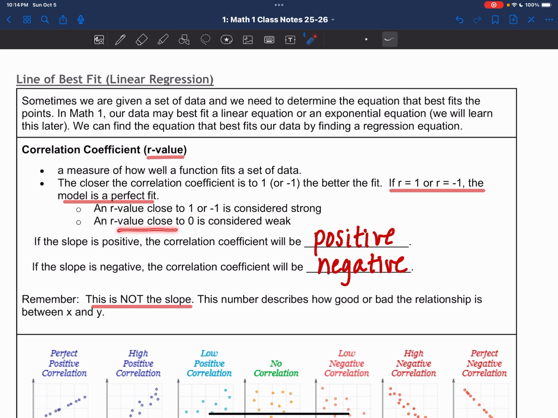The closer it is to 0 is considered weak. So if the slope is positive, the correlation coefficient, that's your R value, will be positive. If the slope is negative, the correlation coefficient will also be negative. So this is not the slope, it's just figuring out how good or bad the line is to the points.